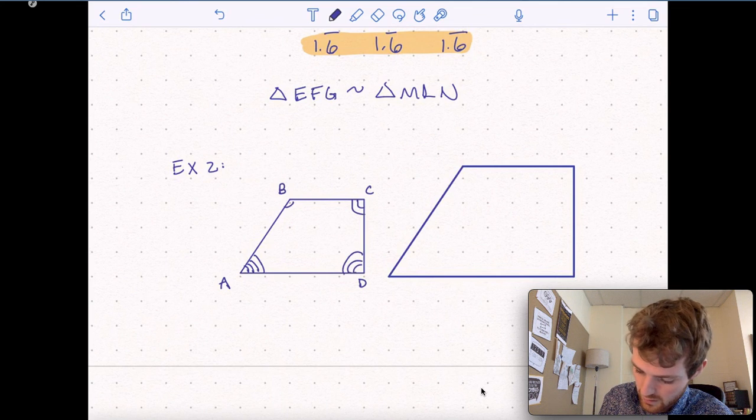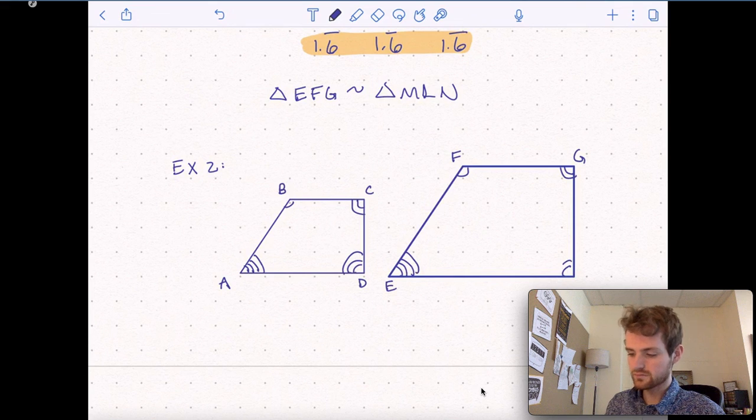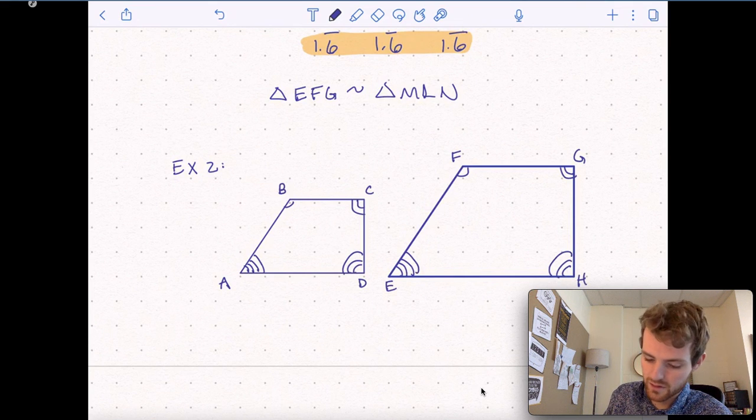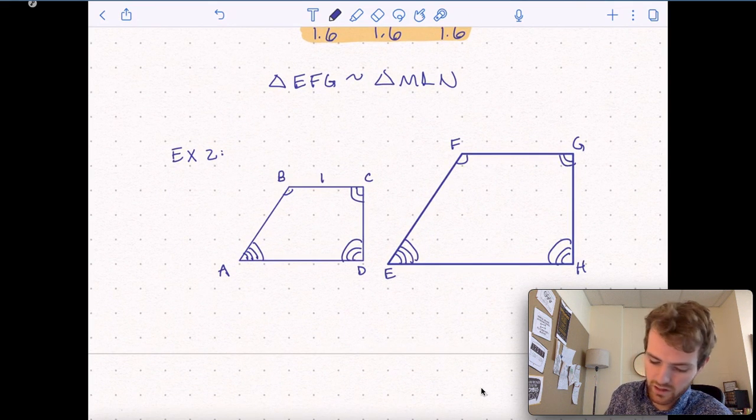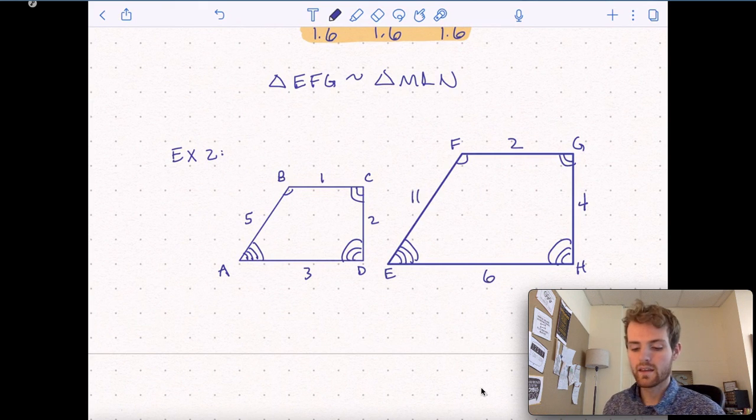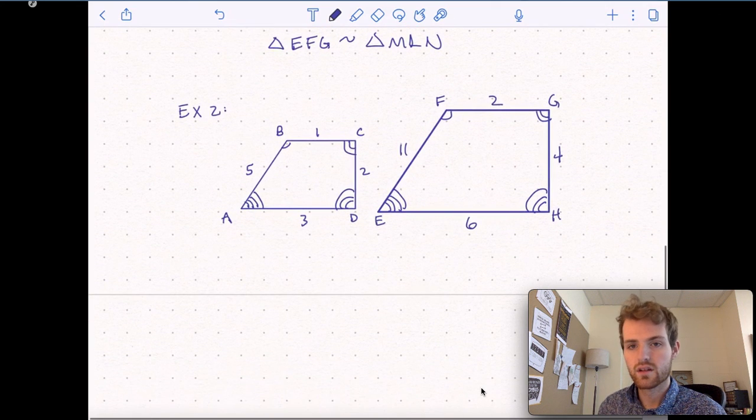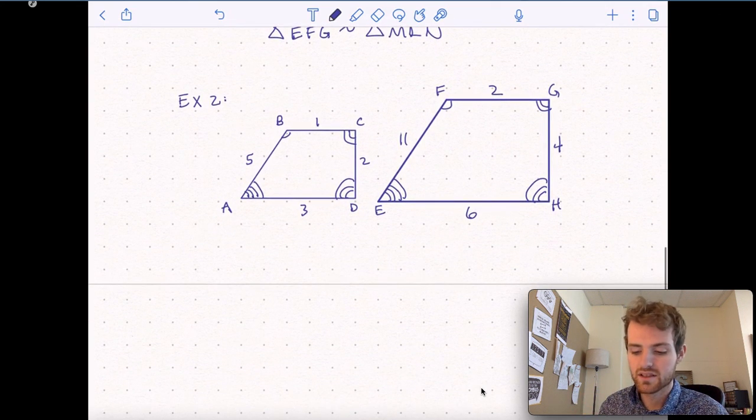And E, F, G, and H. Oh, and then the last thing we know, this is 1, 2, 3, and 5. This is 2, 4, 6, and 11. Same question though. Are these two shapes similar?